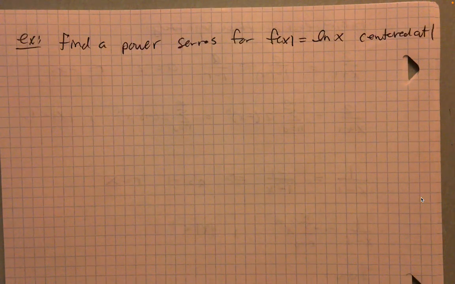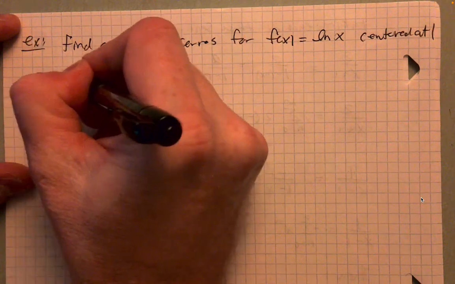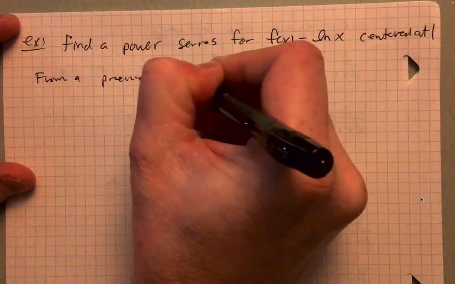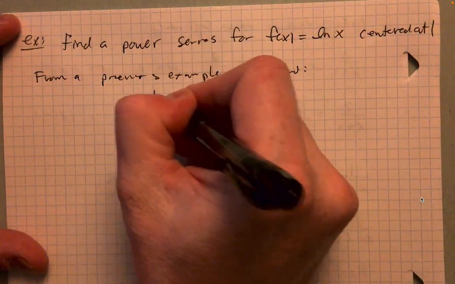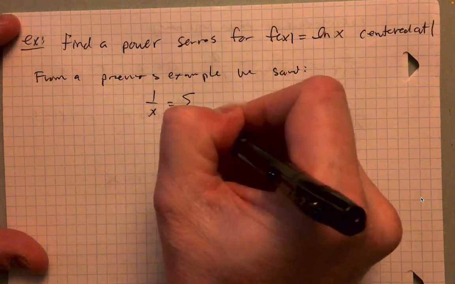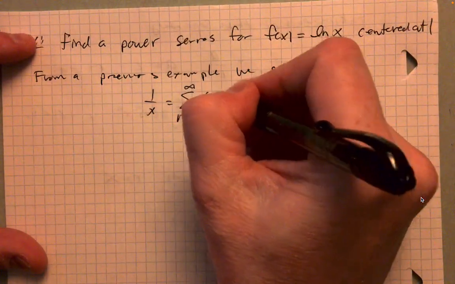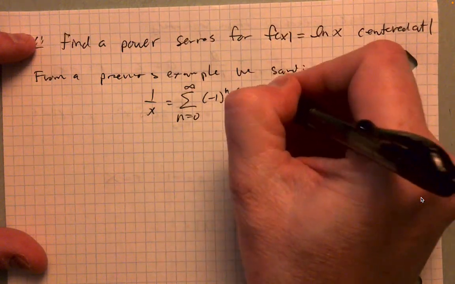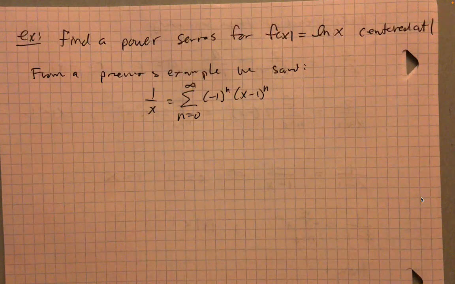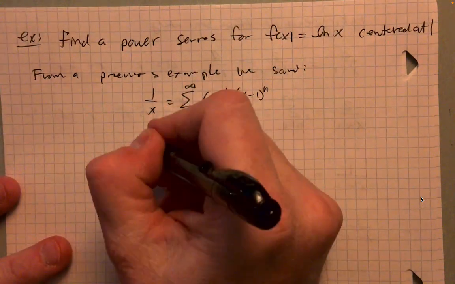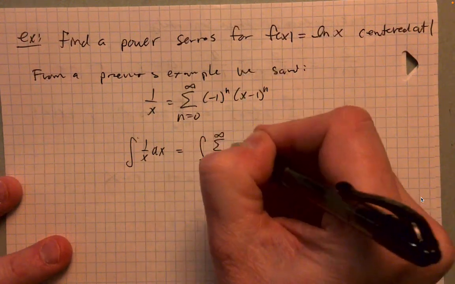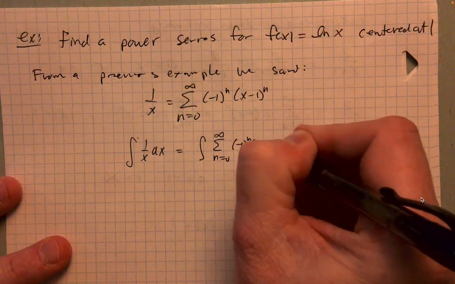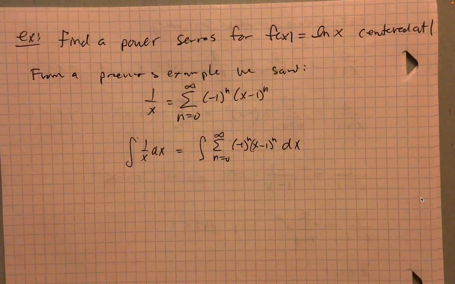So from a previous example, we saw that 1 over x was equal to the sum from n equals 0 up to infinity of negative 1 to the nth power times x minus 1 to the nth power. Okay, so we could integrate both sides of this. If we integrate 1 over x and we integrate this sum, what do we get?